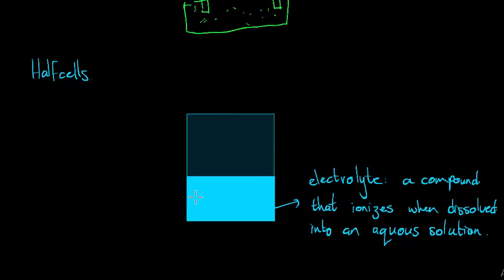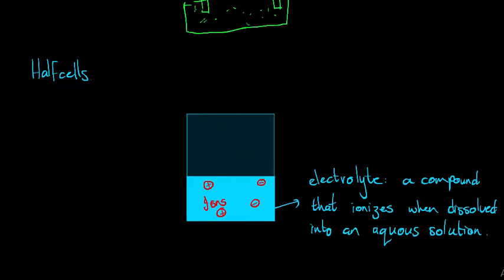There are ions in this solution, in other words, positively charged and negatively charged particles. A typical example might be sodium chloride. There's sodium, which are the positive particles, and chloride, which are the negative particles.